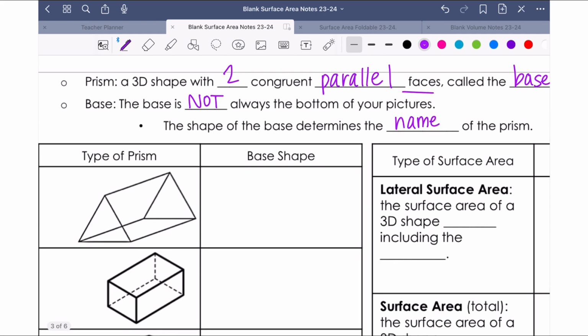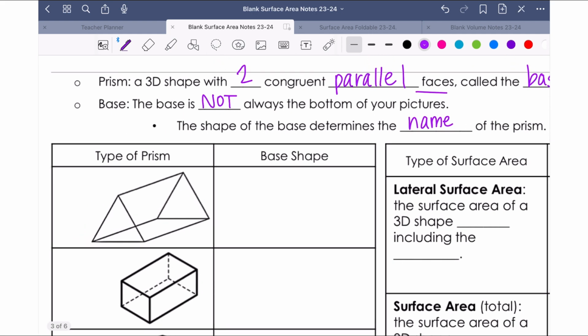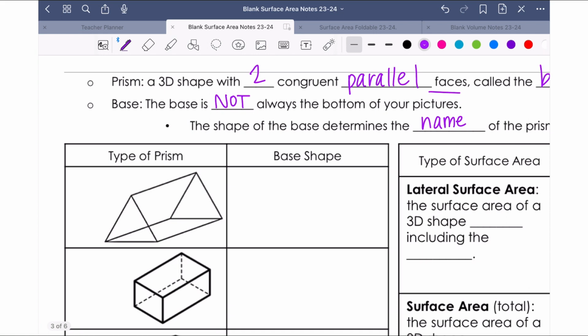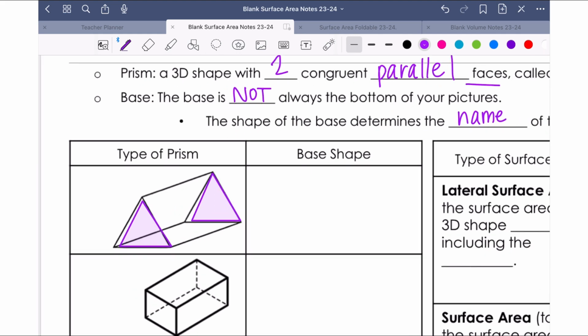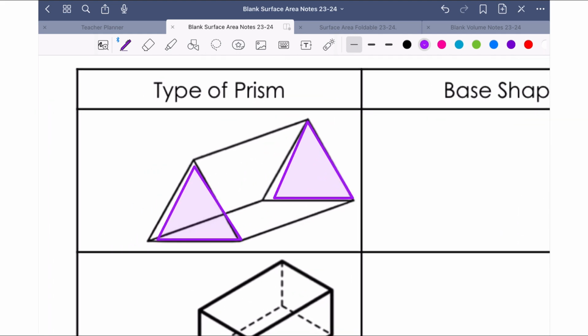As you can tell on this first one, it is a prism, and my two bases that are parallel are these two triangles. Here's one and here's the other. So you notice how it's not really on the bottom of the shape, but they're parallel. So this would be called a triangular prism.